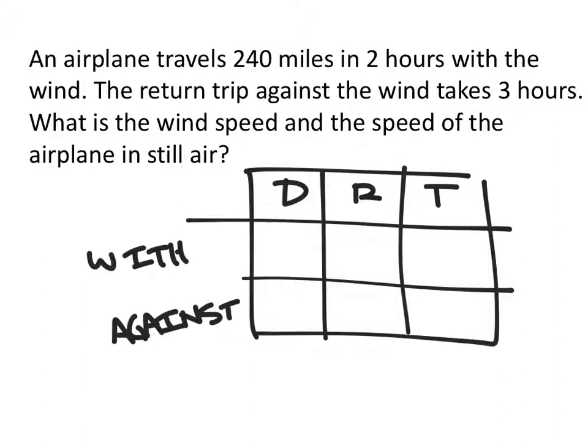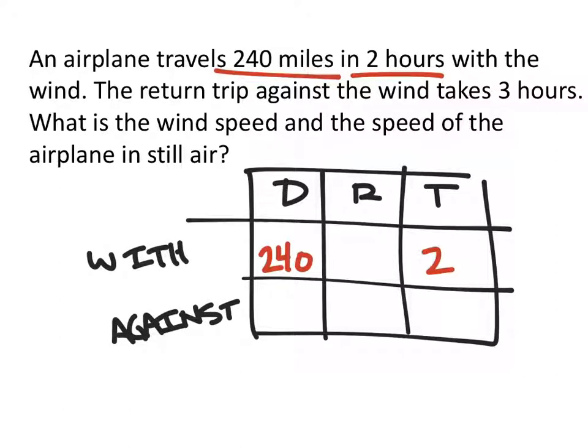And again, I've got to think about this a little bit because I'm not used to the table. But here's what I do know, right? We've got with the wind. That's the first set that they gave us. So it's 240 miles. That's distance. So you can put 240 in there, and then the time was 2 hours.